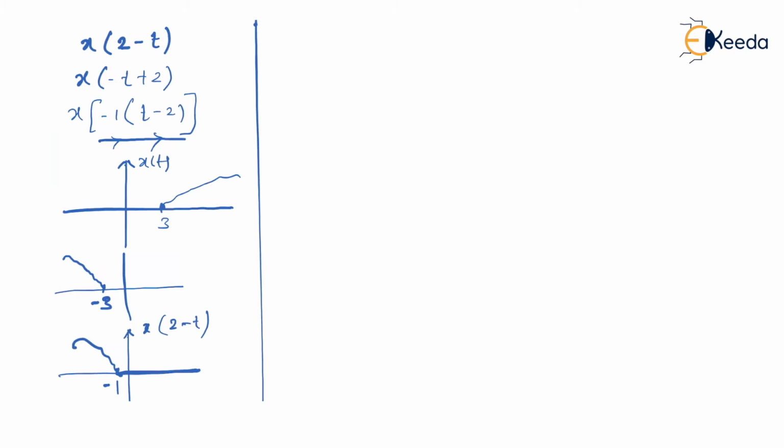Finally, what is y of t? Y of t is actually x of 1 minus t plus x of 2 minus t. So we will draw x of 1 minus t and x of 2 minus t, and I'll graphically add them and I'll see where y of t is equal to 0, because the whole question is about that.